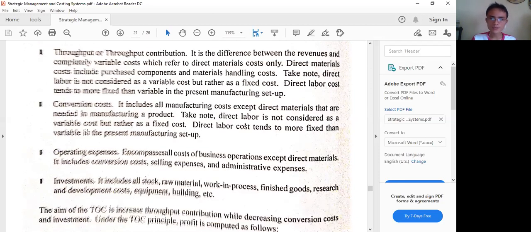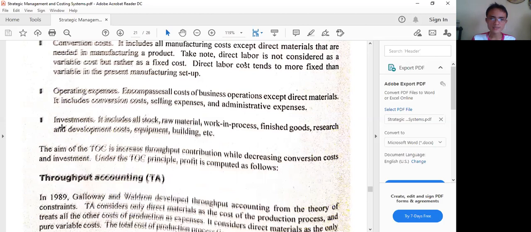Now, after that, operating expenses. This encompasses all different types of expenses like selling, general administrative, finance costs, and other expenses. Investments can be very tricky, especially in financial accounting. Of course, we have our definition for this one. It would provide long-term capital appreciation.